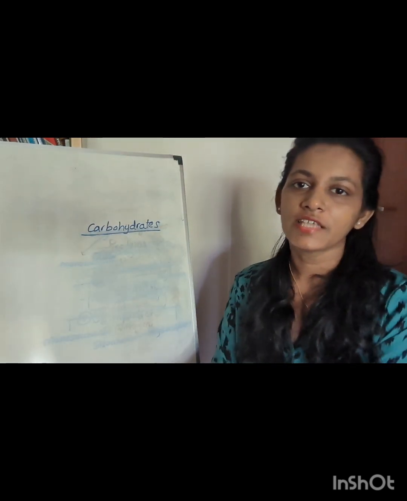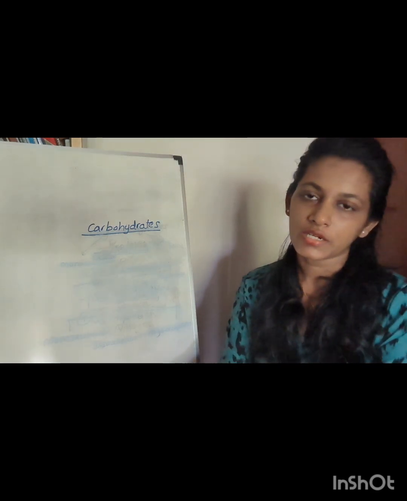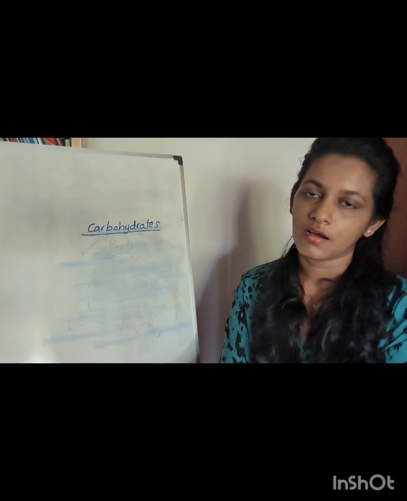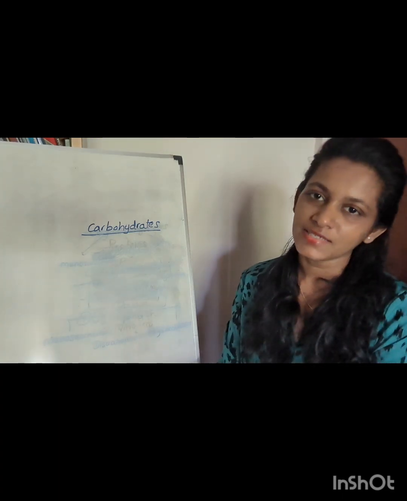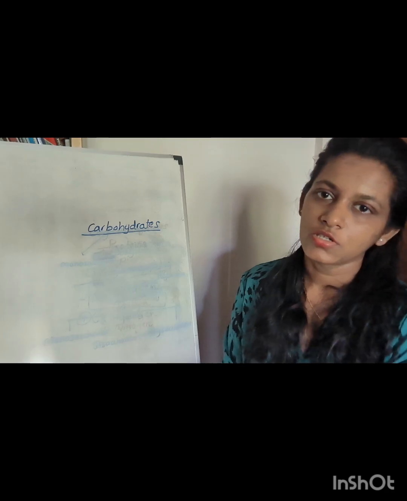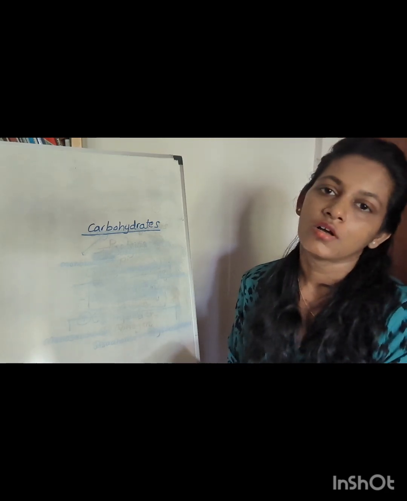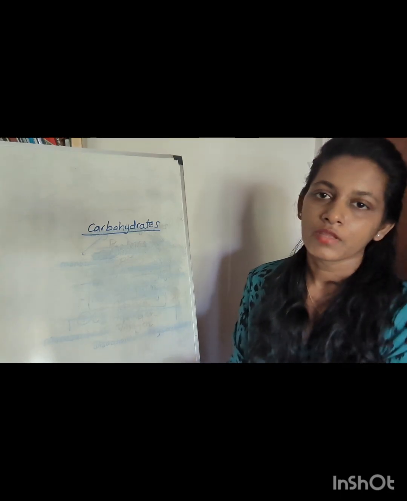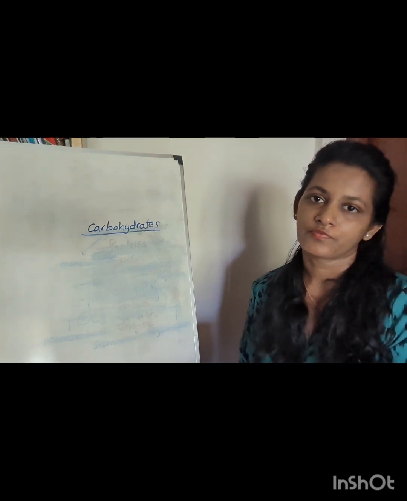So let's consider examples of monosaccharides, disaccharides, and polysaccharides. The examples of monosaccharides are glucose, fructose, and galactose. The examples of disaccharides are maltose, sucrose, and lactose. The examples for polysaccharides are cellulose, glycogen, and starch.